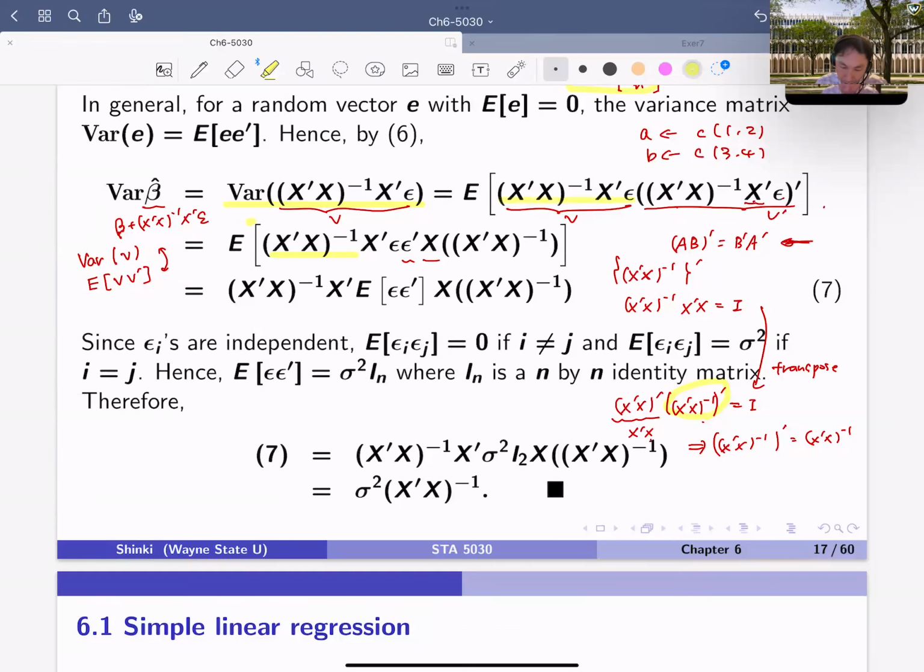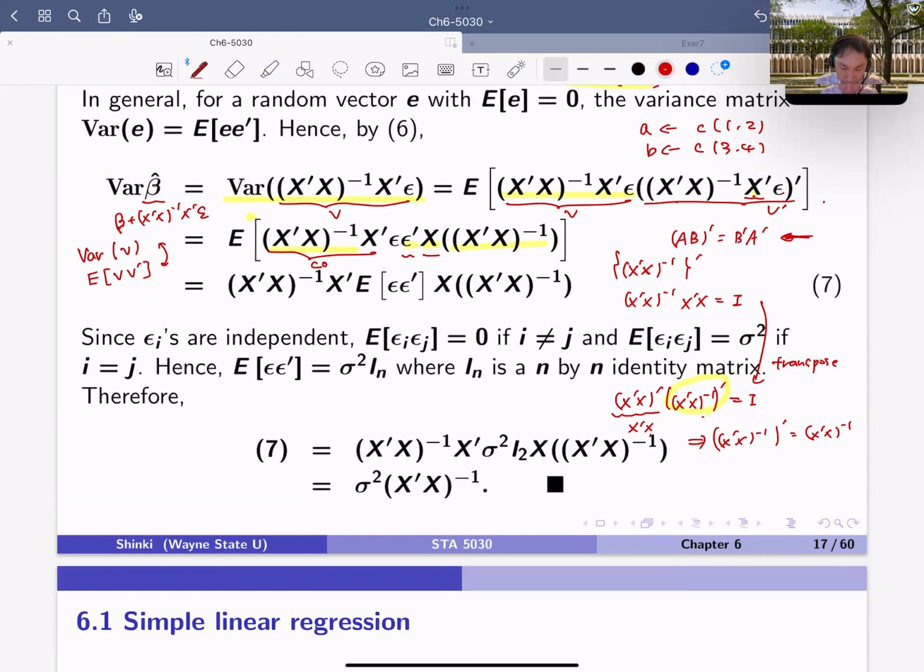Anyway, the matrix algebra makes it so that this is just the original one here, and epsilon here, and then X and (X prime X) inverse. Okay, that's it. And take expectation. Basically this is a constant matrix. X is constant, so only epsilon has randomness. And expectation is a linear operator, so we can take these quantities out of the expectation.